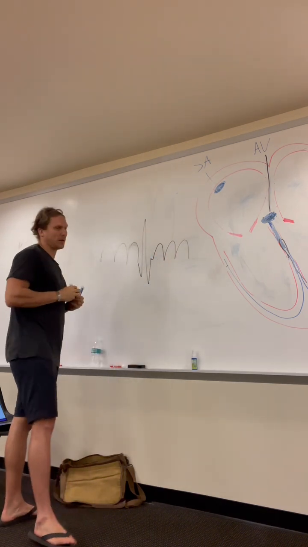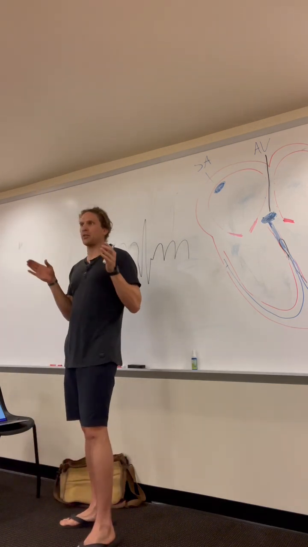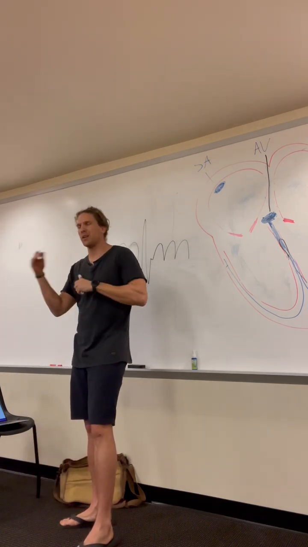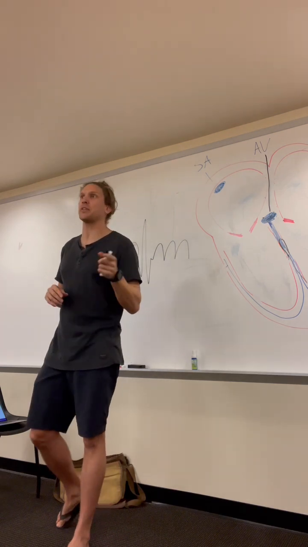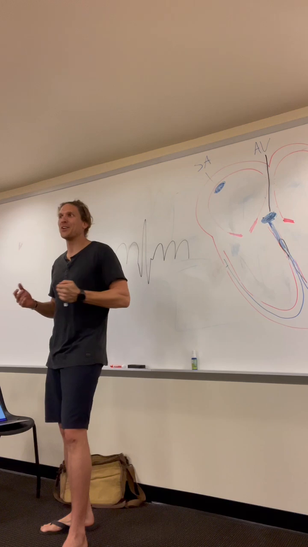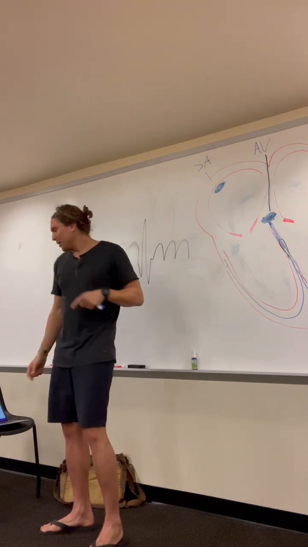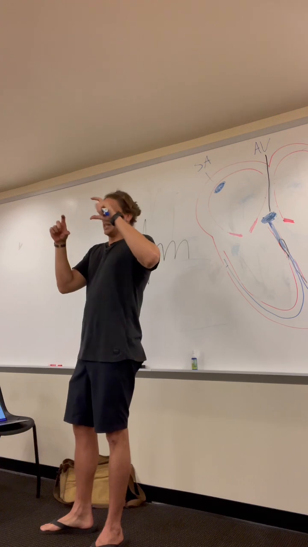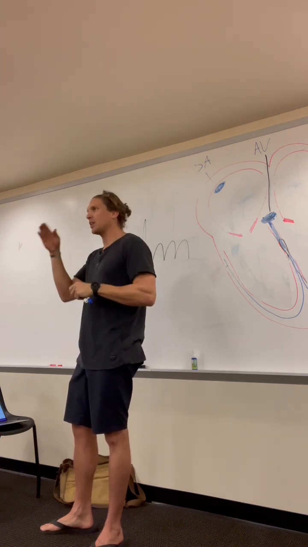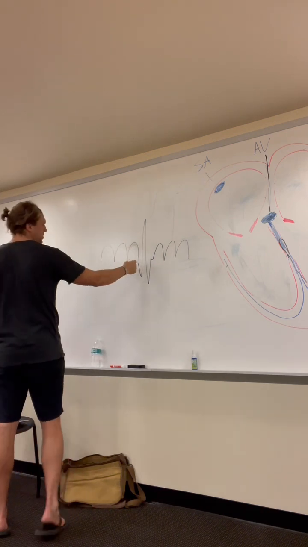Again, a really easy way for this one is to just look at her A flutter picture, and that's hopefully going to be the same example. I've seen that specific picture over a lot of years. That one keeps popping up whenever I take rhythm strip tests. So hopefully that's the A flutter picture that she puts up there. Just don't confuse those two, because the T wave and the P wave could look like A flutter, but it's not. Your clue for the A flutter was there were 3.